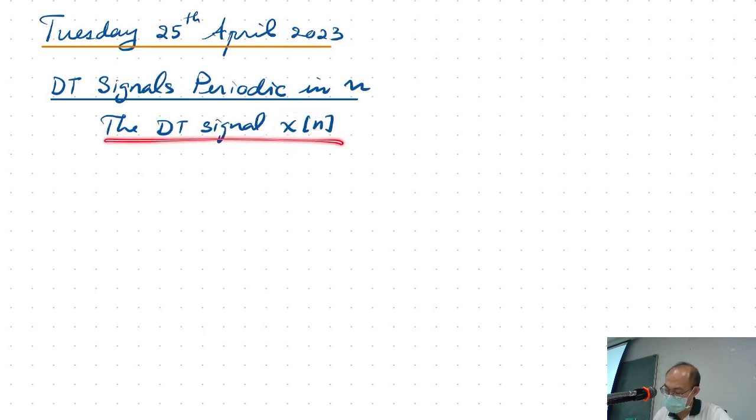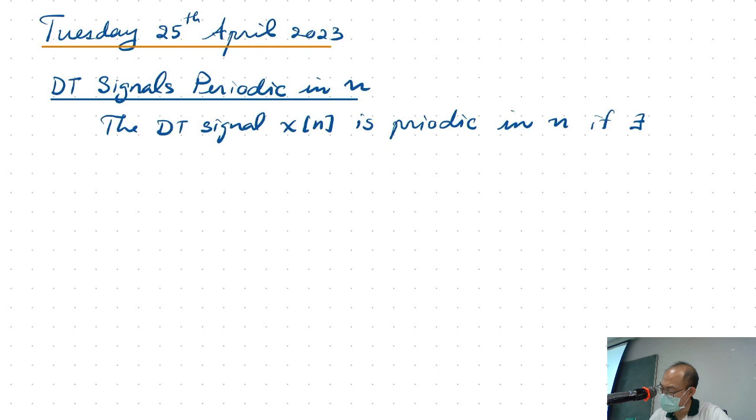The discrete time signal x[n] is periodic in n if there exists an integer N. N belongs to Z, the capital Z there stands for the set of integers.